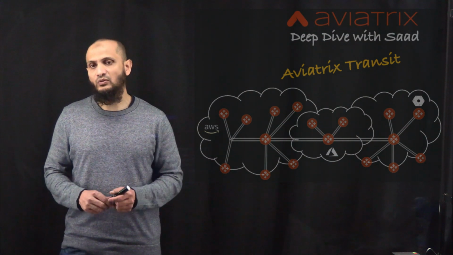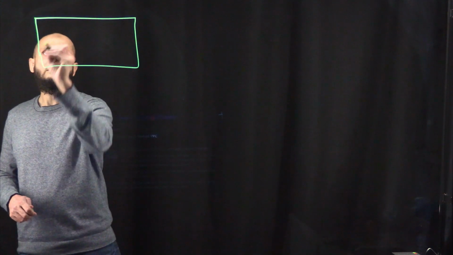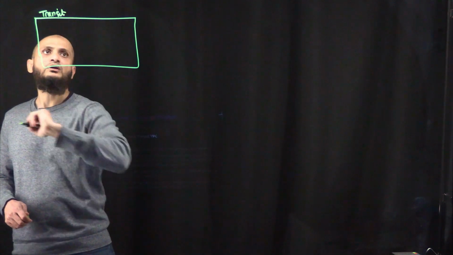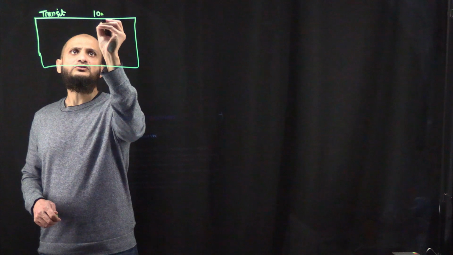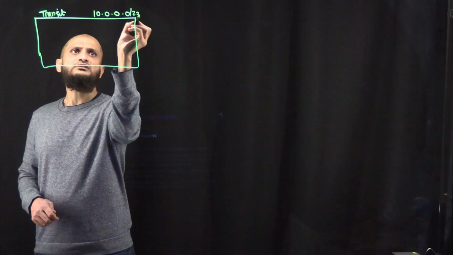And we will discuss that when we talk about high performance encryption or insane mode. So let's say you want to name your transit VPC as transit. And then your CIDR is going to be 10.0.0.0/23.